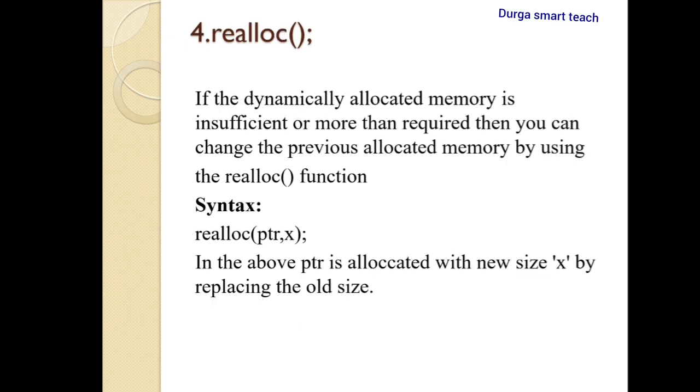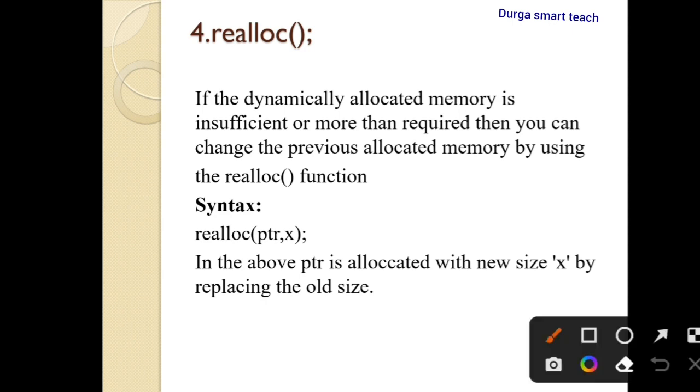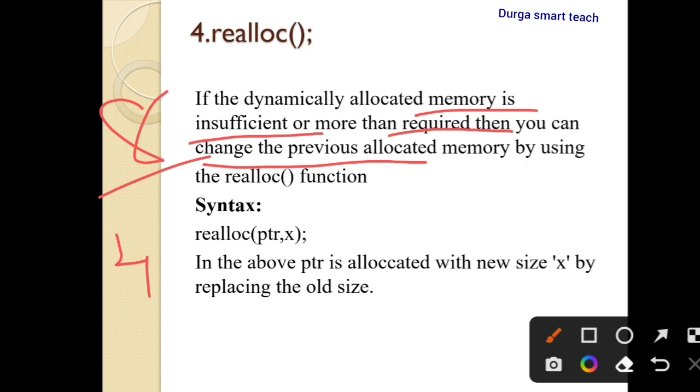Last one is realloc. The realloc function is used if the dynamically allocated memory is insufficient or more than required. Then you can change the previously allocated memory by using realloc. For example, if you allocated 4 bytes of memory but you want to store 8 bytes, then you need to change 4 bytes to 8 bytes.